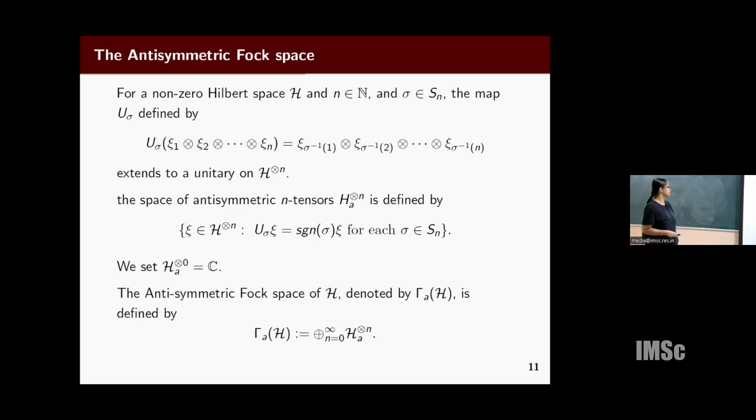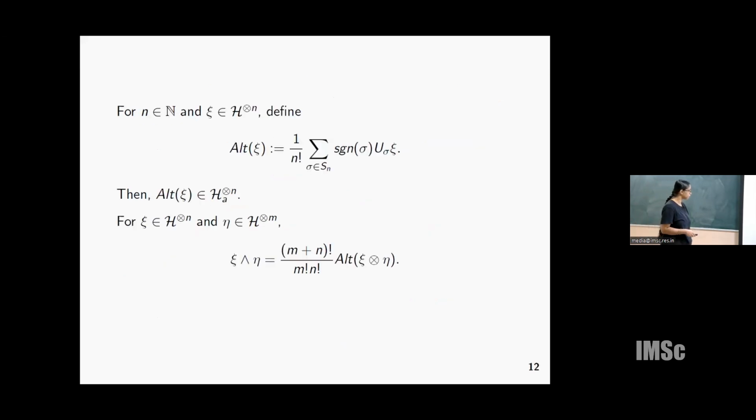The space of antisymmetric n tensors is defined by the set of all those xi in H tensor n such that U_sigma xi is sign of sigma times xi for each sigma in S_n. And we conventionally set H_A tensor 0 to be C. And the antisymmetric Fock space is the direct sum of all those antisymmetric n tensors for each n.